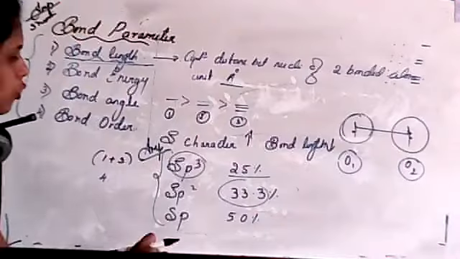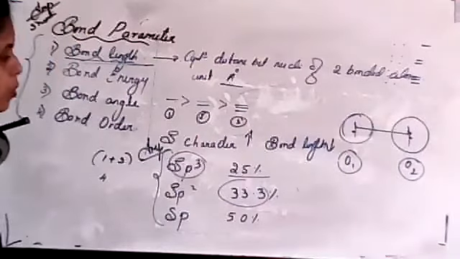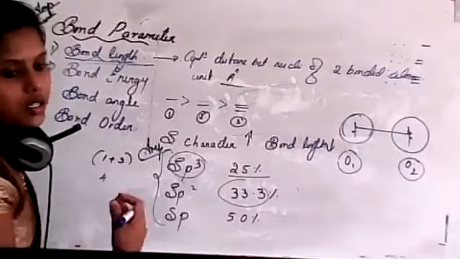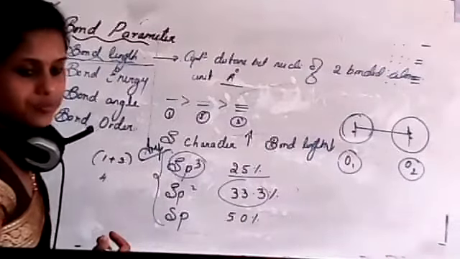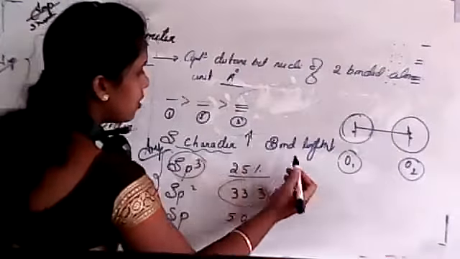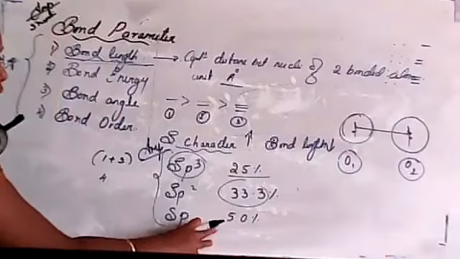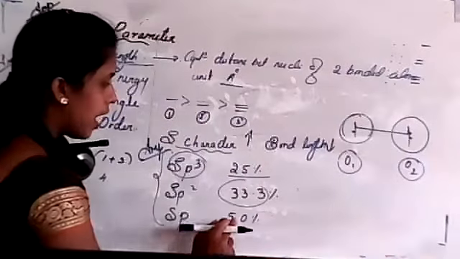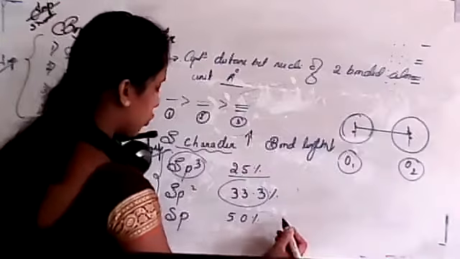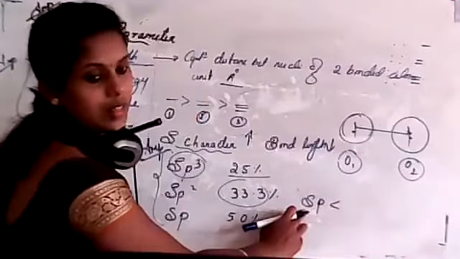In that case, which one has the longest bond length? As S character increases, bond length decreases. Which one has the highest S character? Yes, sp has the highest S character, so its bond length is very less.